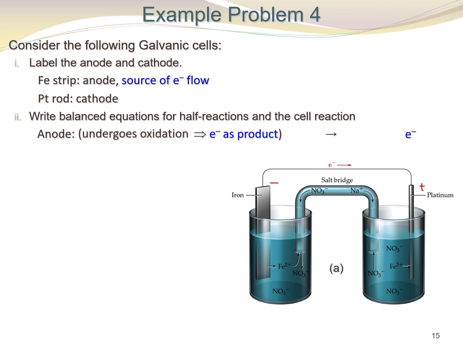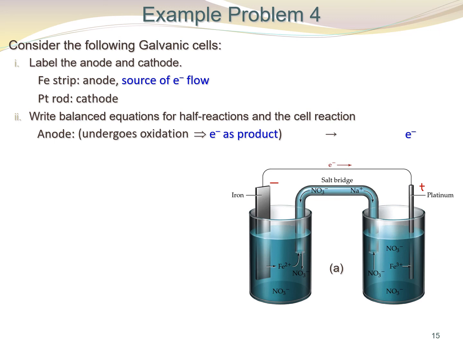Apparently, we see nitrate as the spectator ion because we have nitrate everywhere here. The only species in the solution is iron 2+. Iron 2+ must be the oxidized species because 2+ charge means electron deficient.